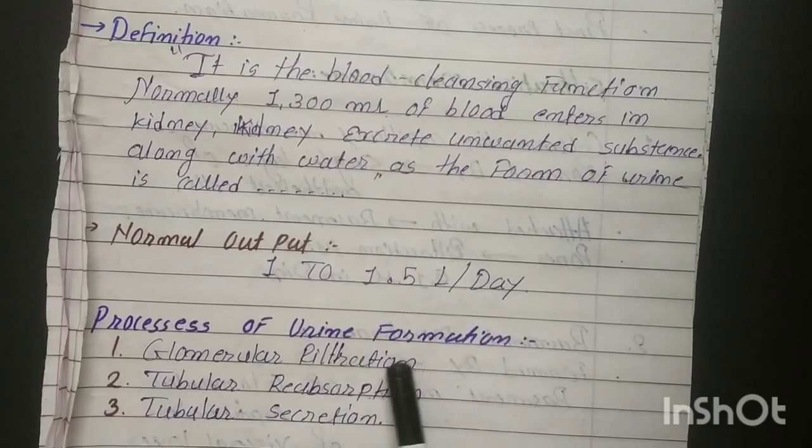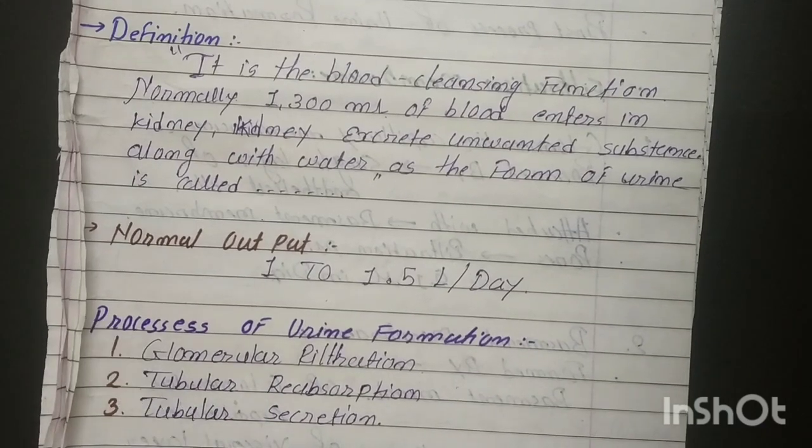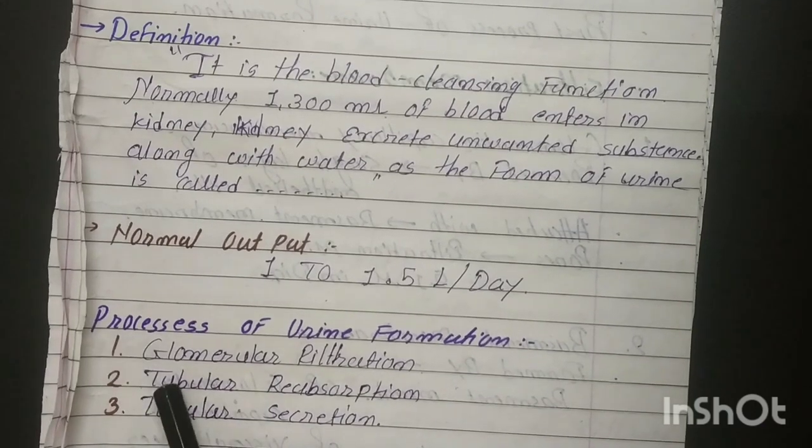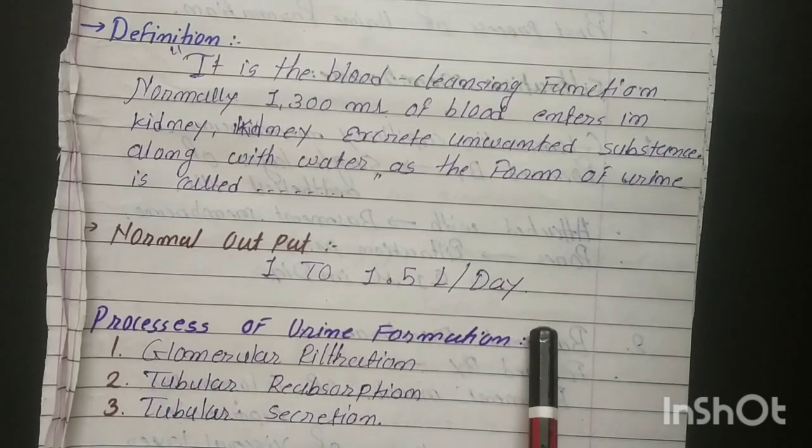Then the process of urine formation consists of three sub-processes. The first one is glomerular filtration, which occurs in the glomerulus, covered by the Bowman's capsule.